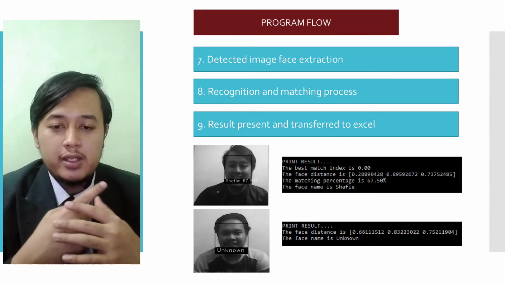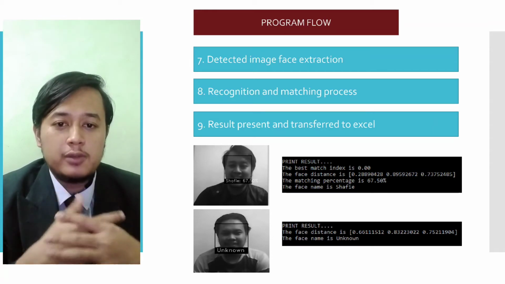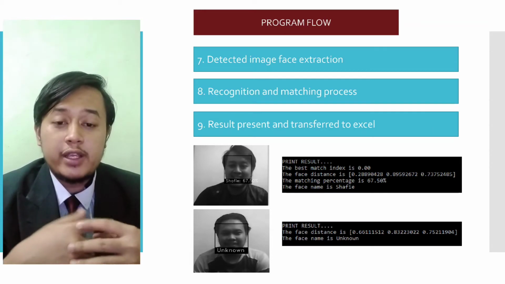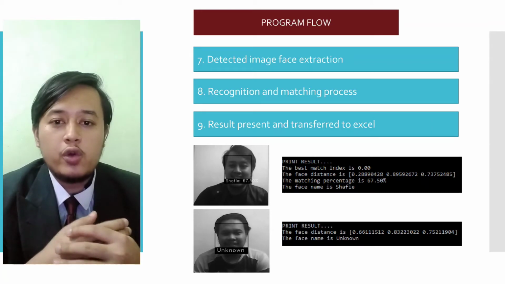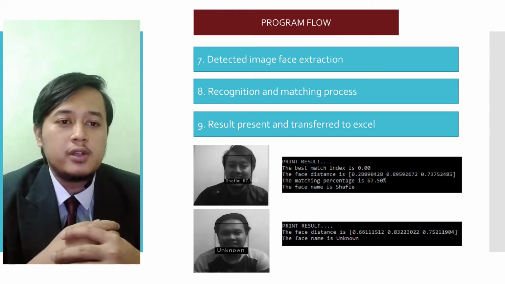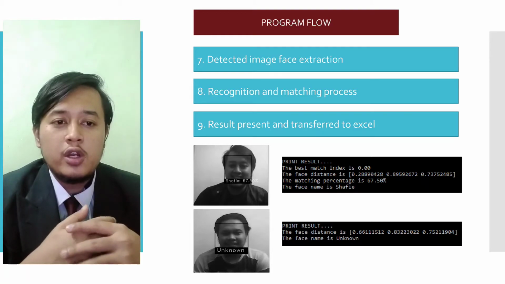The first image, which is myself, has been chosen. If the second image is chosen, it will show 1.0. If the third image is chosen, it will show 2.0.